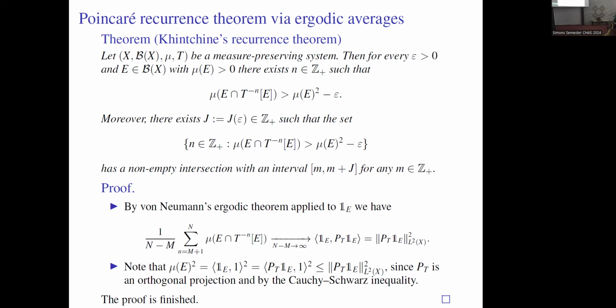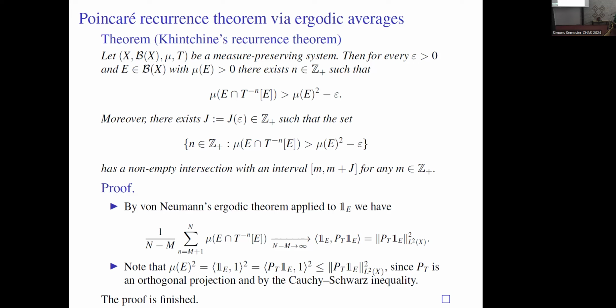Therefore we obtain this, and by Cauchy-Schwarz this converges to this. And now, because this is a projection, this is equal to the L2 norm of PT acting on the characteristic function of E. And now we can observe that this is equal to this.